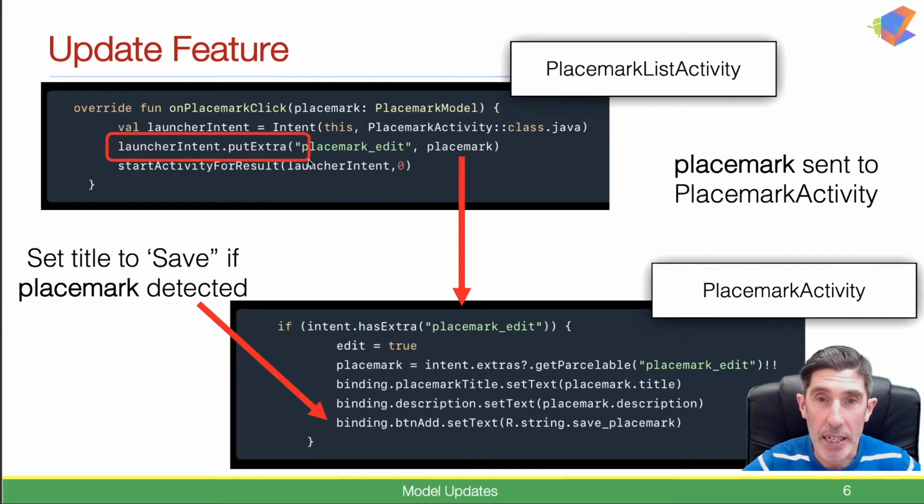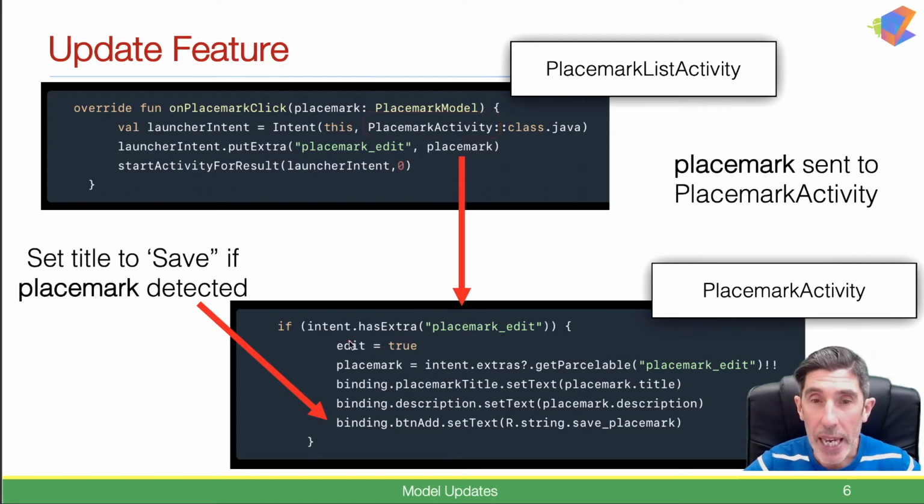We then add our placemark to that intent via putExtra, and we tag it with placemark_edit. Then we call, for the moment anyway, startActivityForResult, which will go off, trigger the intent and launch the activity that we specified, which was PlacemarkActivity.